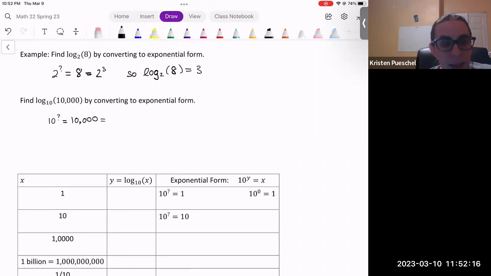Rewriting 10,000 as a power of 10, we see 1, 2, 3, 4 zeros, so this is 10 to the 4th. So the log base 10 of 10,000, or 10 to the 4th, is going to be equal to 4.